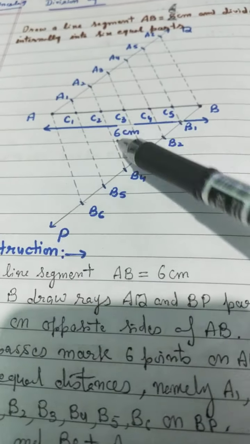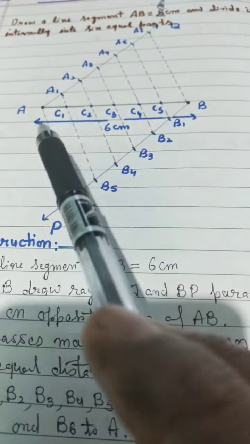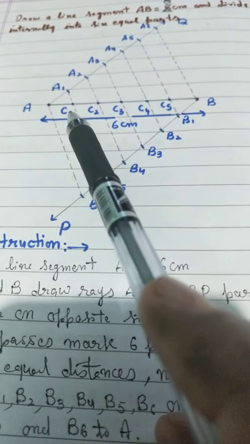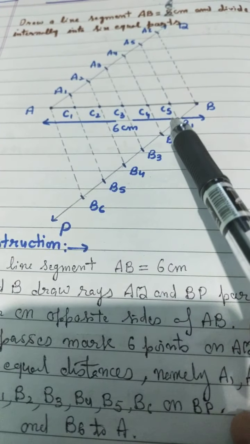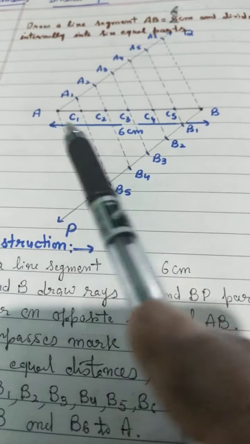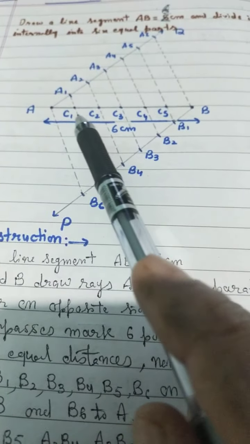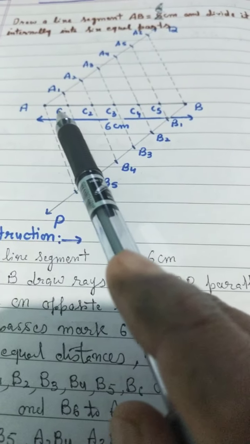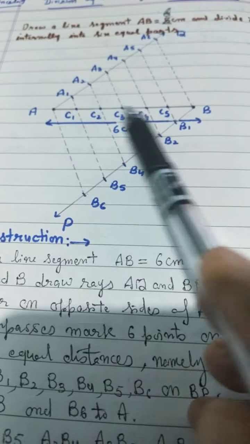So all lines will be parallel. So this line segment AB is divided into six equal parts: AC1, C1C2, C2C3, C3C4, C4C5, C5B. If you now measure their length with the scale, all their distances will be the same.